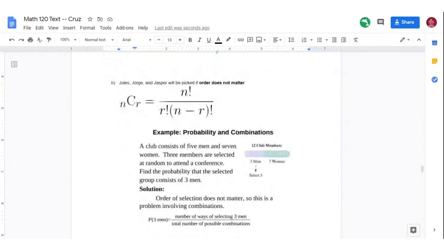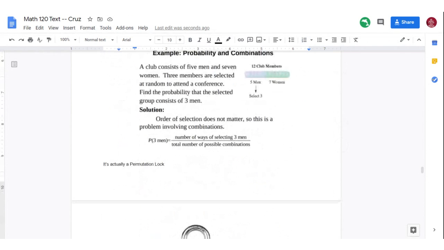All right, so here's another example now, and then we'll answer that question as we go about whether order is important. The club consists of 5 men and 7 women. 3 members are selected at random to attend the conference. Find the probability that the selected group consists of 3 men.